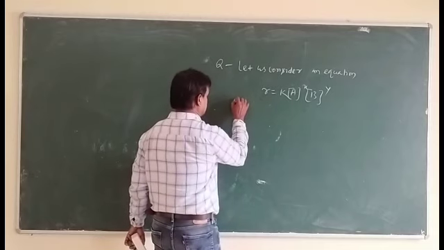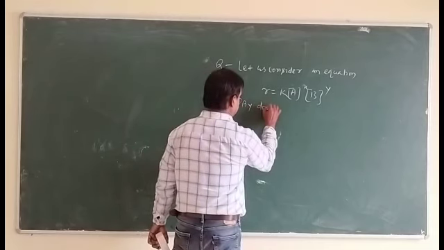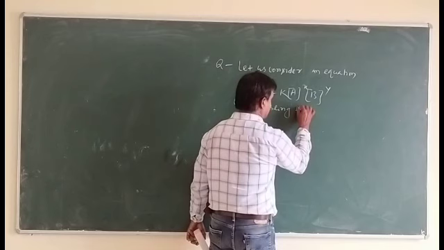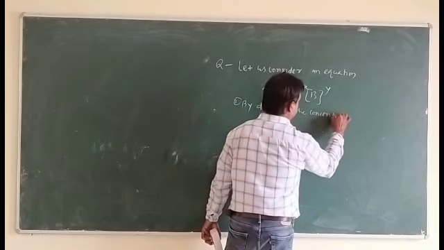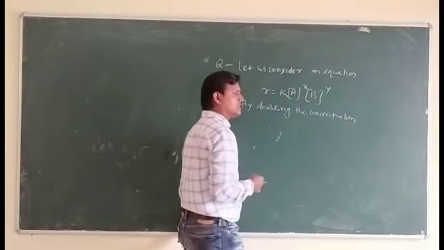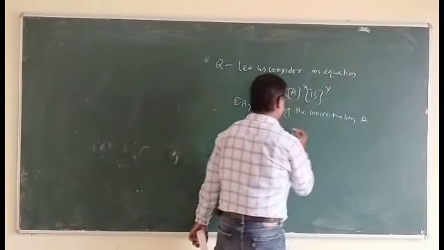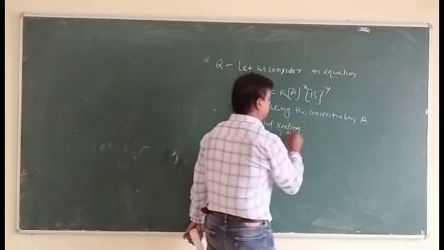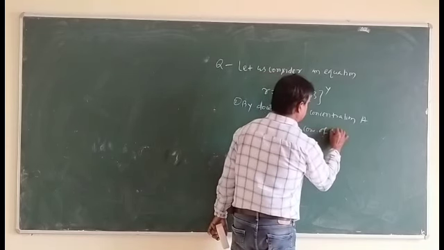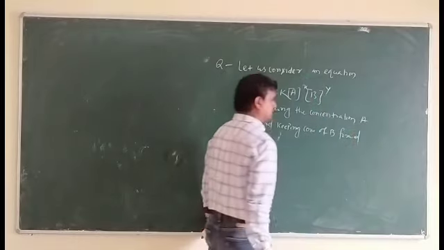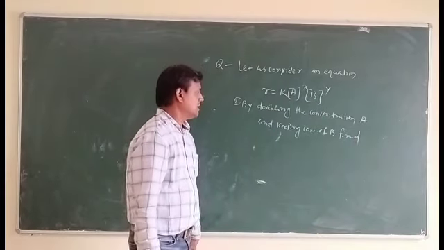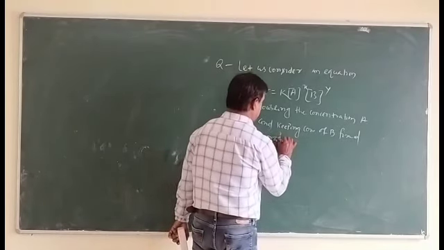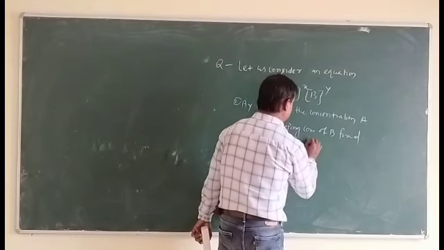One question is: by doubling the concentration of A and keeping the concentration of B fixed, the rate is double.